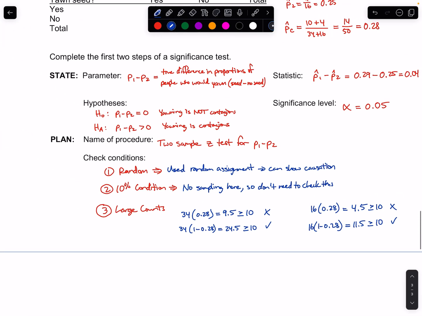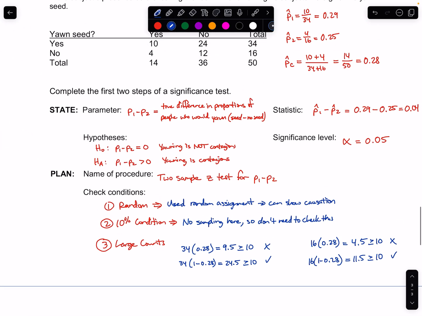Okay, so at this point, we wouldn't be able to run the rest of this test because our large counts condition has failed. Okay, but we've got to make sure. I just wanted you to keep practicing that, even though technically one of those failing would automatically screw things up. Just the practice of checking all 4 of them. Again, that's using our P combined with both sample sizes.